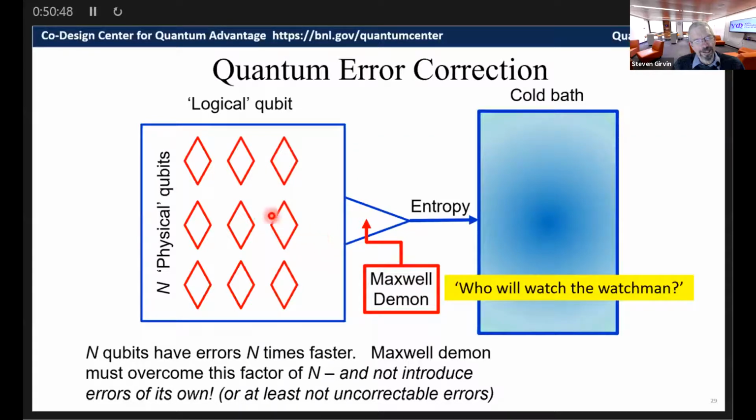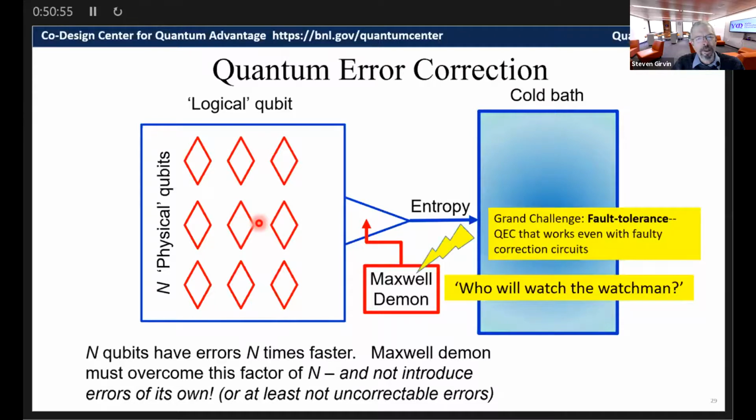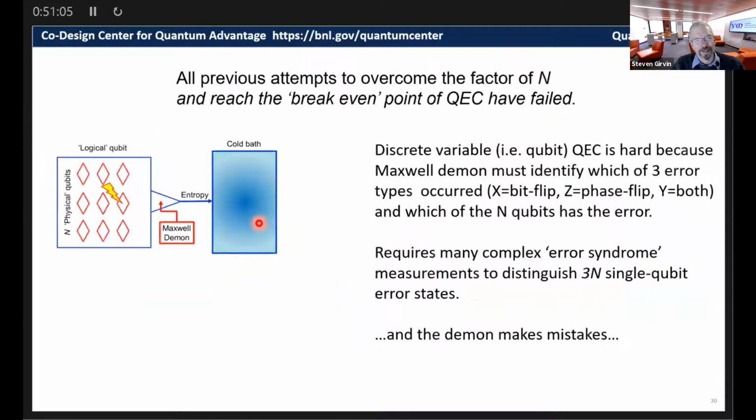You assign a watchman to look for problems, but who's going to check the watchman isn't having problems? So this is the real grand challenge for the field. And we're just at the beginnings of making progress on this. And so I think I'm running out of time.